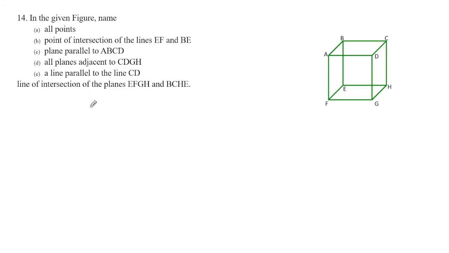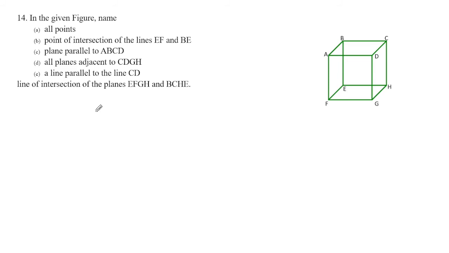Line of intersection of planes EFGH and BCHE. So, what is the line of intersection? But what are intersecting planes? Planes which intersect each other are intersecting planes. You can either imagine, or if you have a Rubik's cube, you can take that.